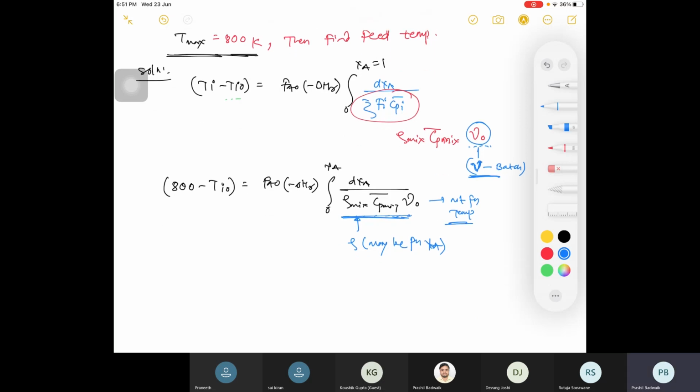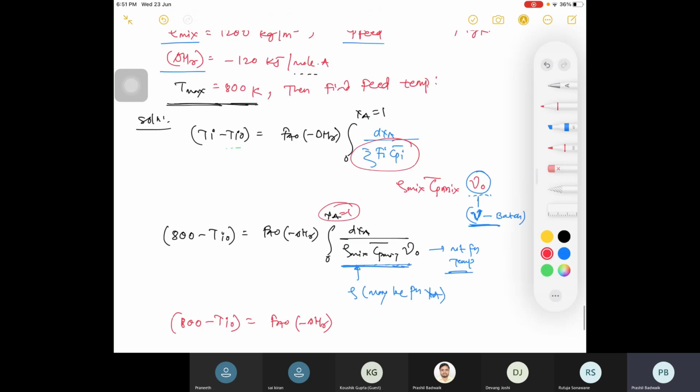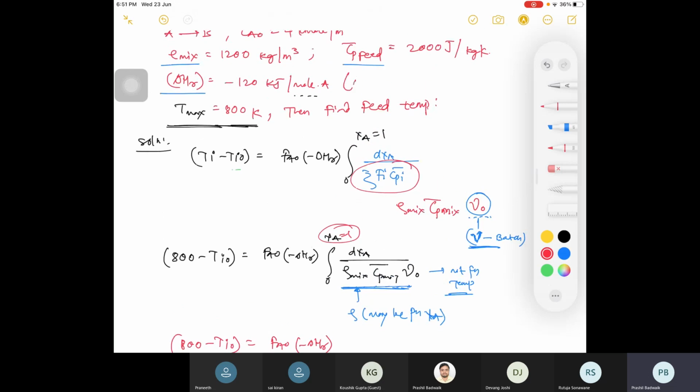Suppose if it is not, then please calculate what is your Ti. So we'll get 800 minus your Ti naught is equals to your FA naught minus delta H reaction at temperature T. It is not function of temperature, right? So delta H reaction is not function of temperature.